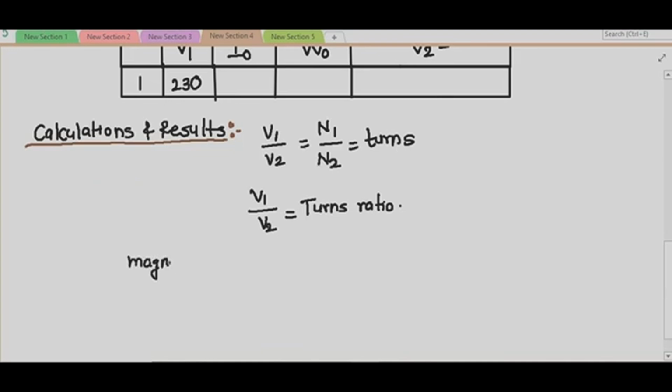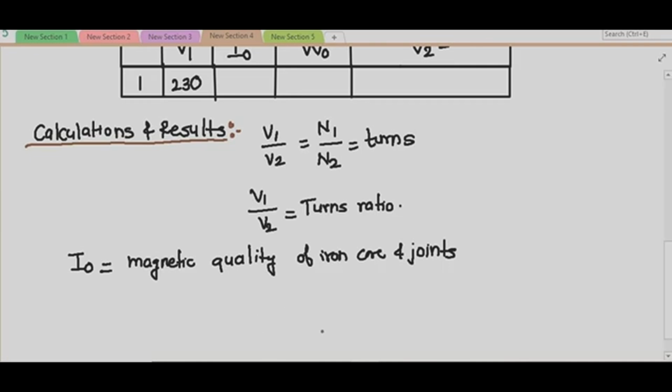If you remember, students, we have studied that if the magnetic core is made of silicon steel, which has higher permeability, then very little or negligible current is required to set up the flux in the transformer.